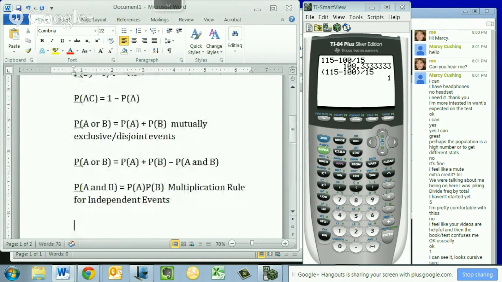So for example, if you have a basketball player that has a certain free throw percentage, the probability that he makes the first shot and he makes the second shot, let's just say his free throw percentage is 70%. What's the probability he makes 2 shots in a row? Equals 0.7 times 0.7.